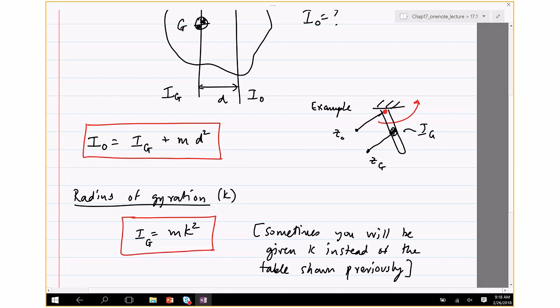If you're given the radius of gyration, that is the inertia about the center of mass. It's always about the center of mass.